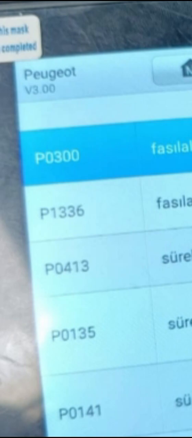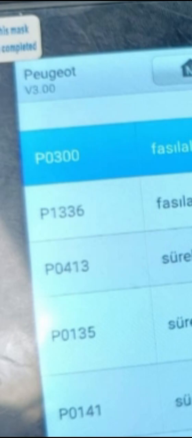or running very lean, which might be the case here. I don't care so much about the error code in your case. It's the definition that really matters. So I would suggest you find a fuel pressure gauge or fuel pressure tester and check. When you switch on ignition, you're supposed to get 3.5 bar or 50 psi.